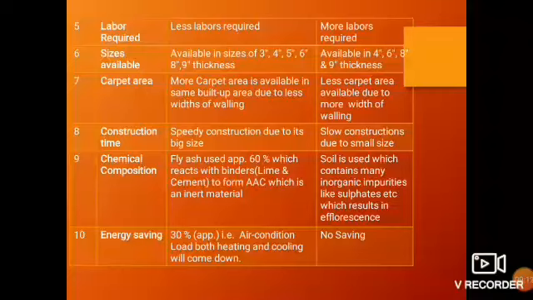Fly ash is used up to 60%, which reacts with binders, lime and cement to form AAC, which is an inert material. Whereas for red brick, soil is used which contains many inorganic impurities like sulfates, etc., which results in efflorescence. Energy saving for AAC blocks is 30%, and there is no saving for red bricks.